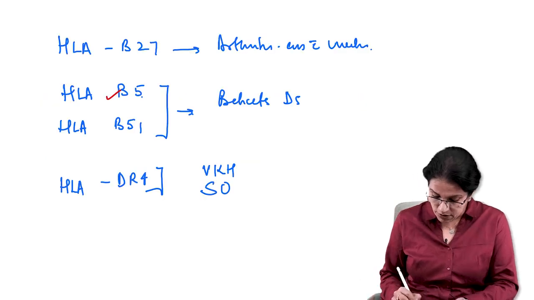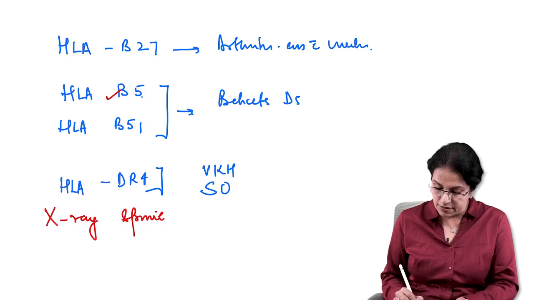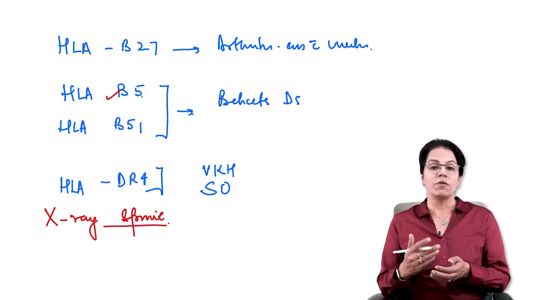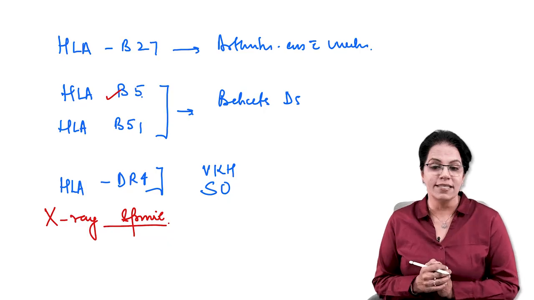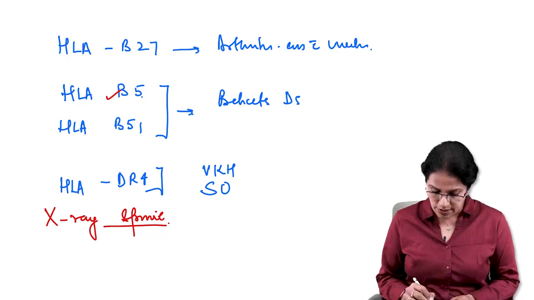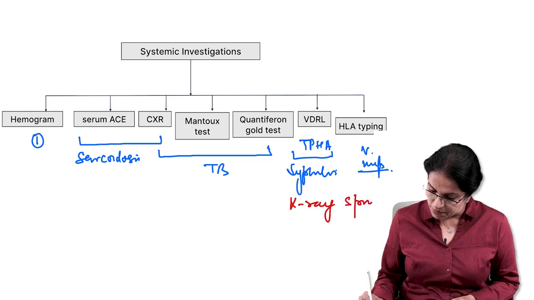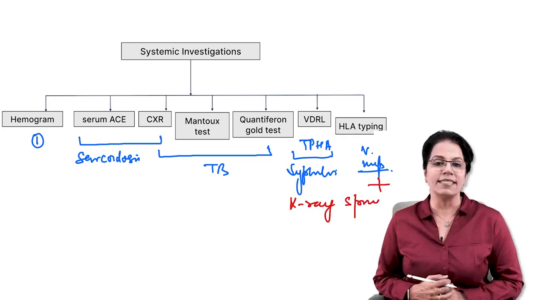Yes, one more investigation you can note down is X-ray spine, right? Why? Because mainly ankylosing spondylitis can be one of the causes of these arthritis associated uveitis. Okay? You want to write in this list, you can write it. We will also go for X-ray spine apart from going for HLA typing.